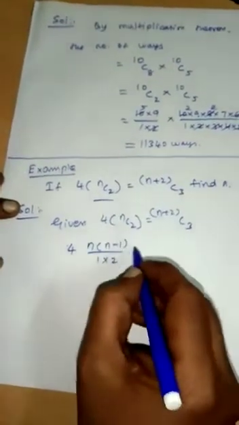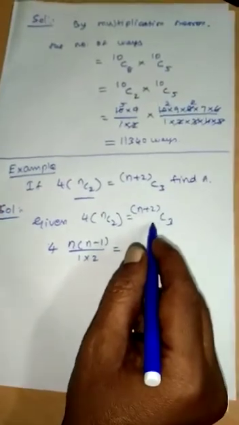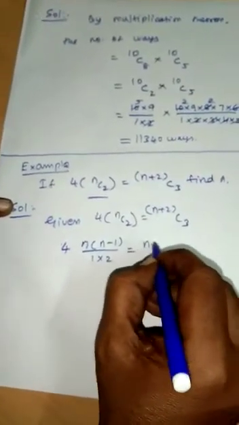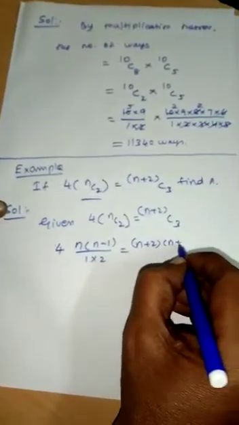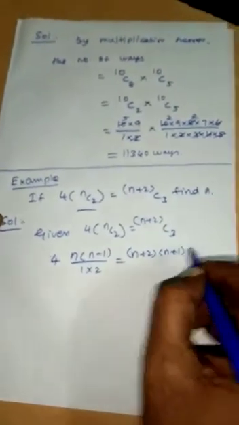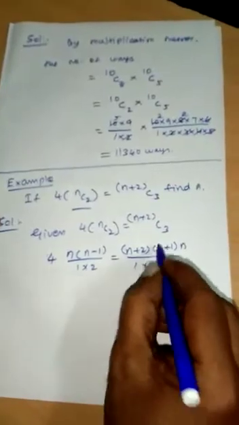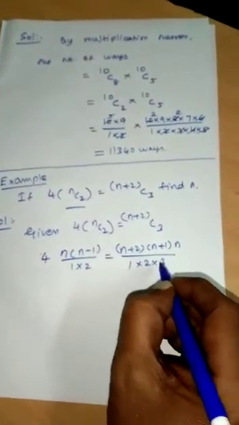This is NC2. 3 numbers, that is n plus 2, first number, less 1, that is n plus 1, less 1, n, by 1 into 2 into 3.